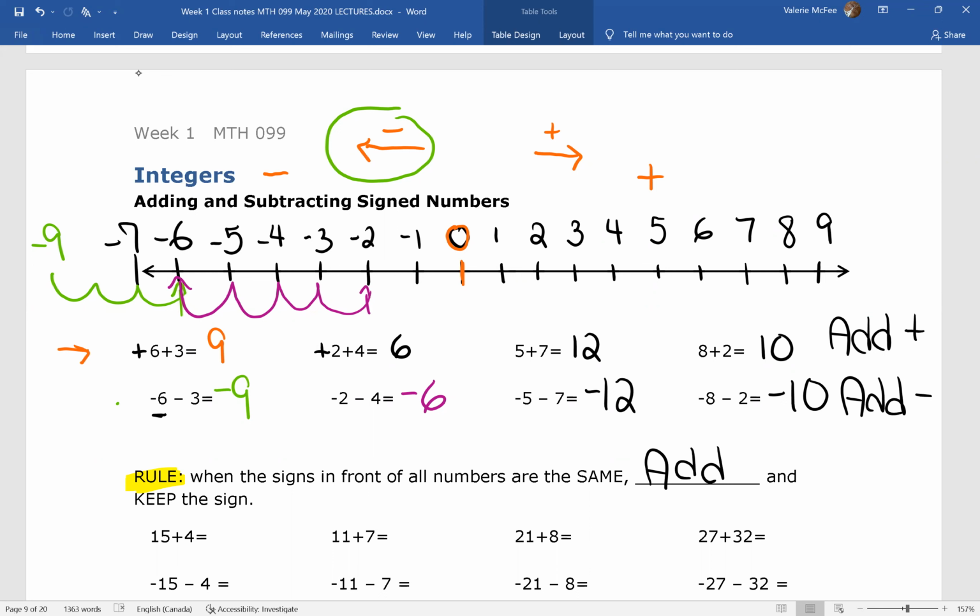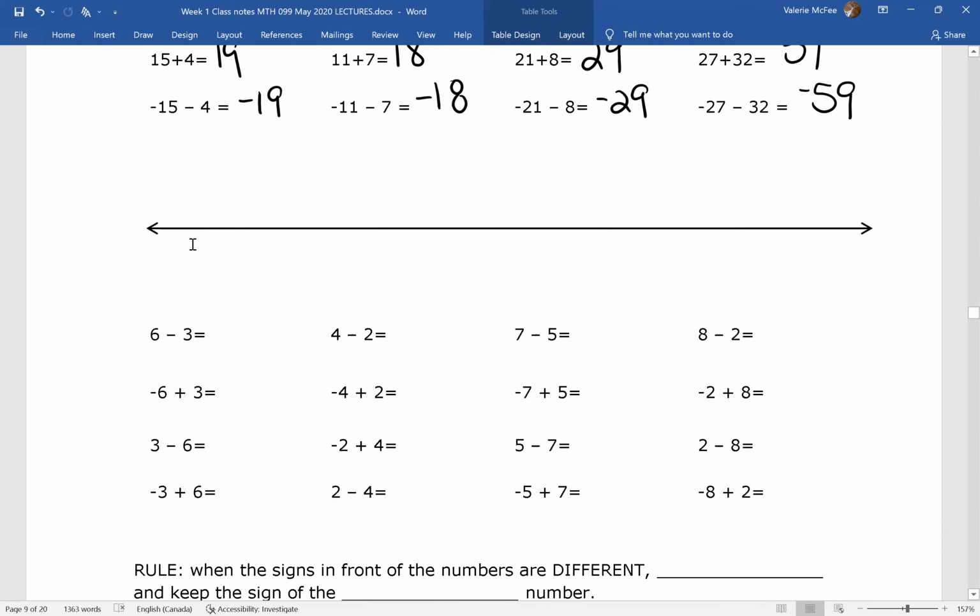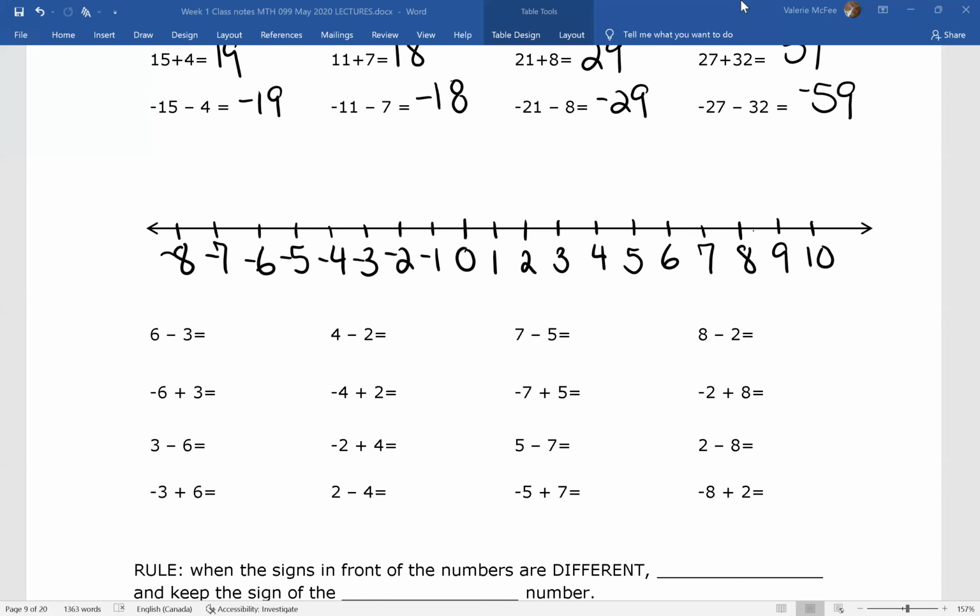Pause your video and answer the questions here. So I filled in my number line again.